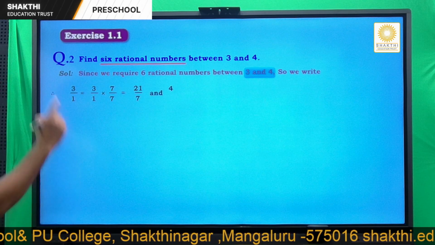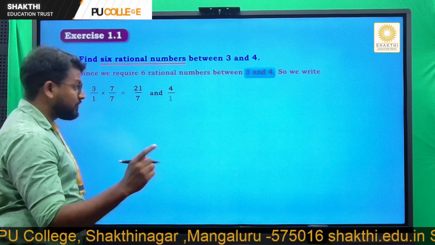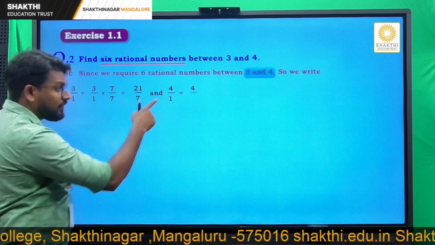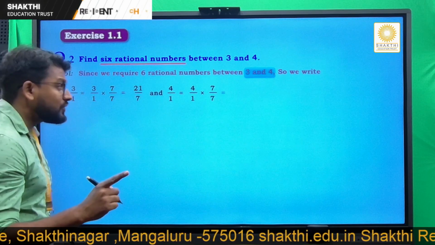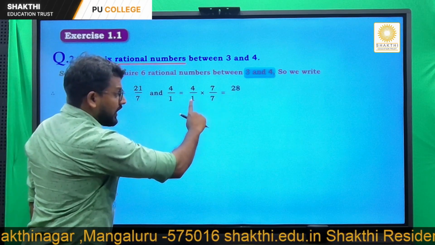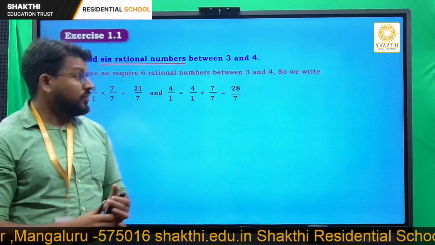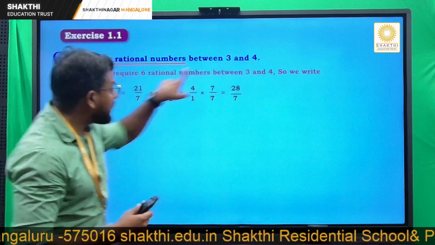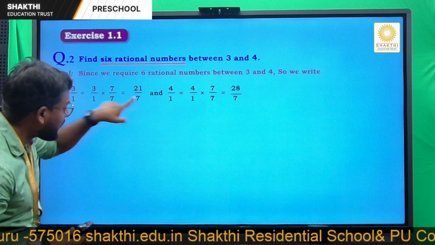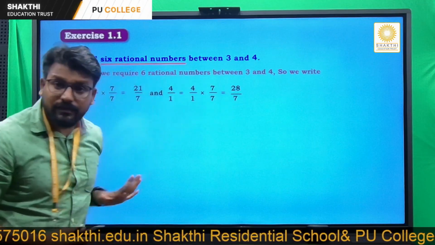Similarly, we'll go for the 4 also. We can write 4 as 4 by 1, and again multiply by 7 and 7. So you get 4 into 7 is 28, and 1 into 7 is 7. So now the numbers 3 and 4 can be written as 21 by 7 and 28 by 7.